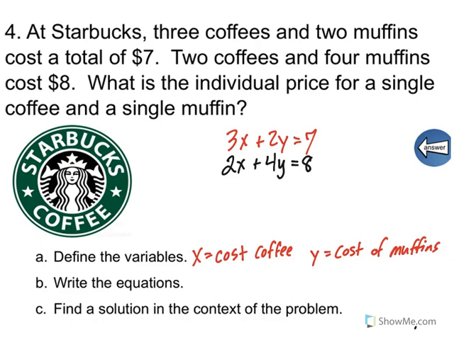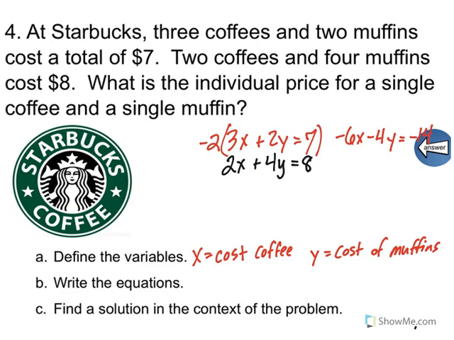So again, on this one, I'm going to pick one of the variables to cancel out, either the x's or the y's. I'm going to choose the y's because all I would have to do on the top is multiply it by negative 2 in order for it to cancel out with the 4y on the bottom, because I would need a negative 4y on the top. So when I do that, I'm going to have negative 6x minus 4y is equal to negative 14.